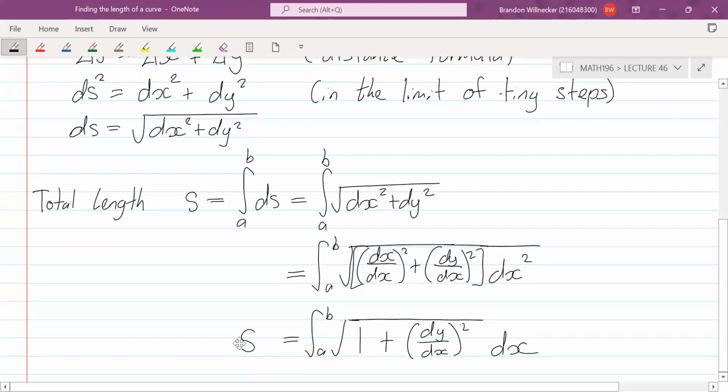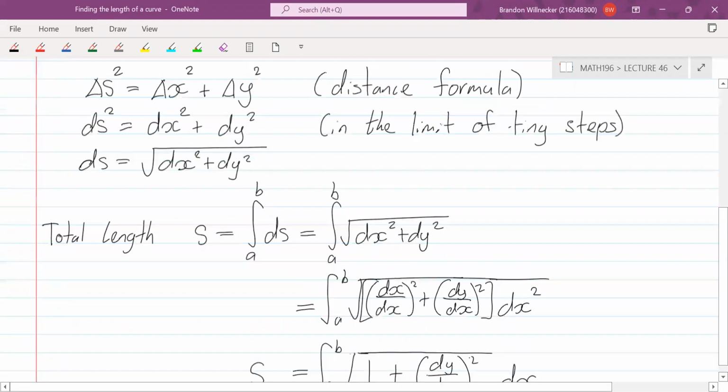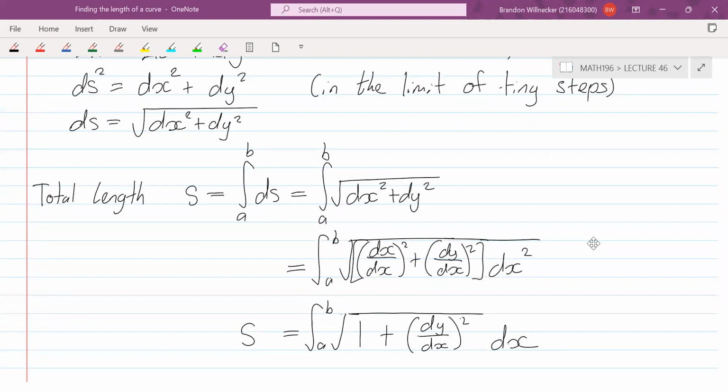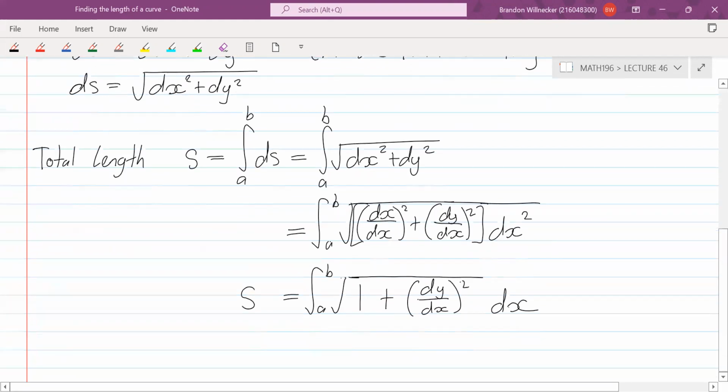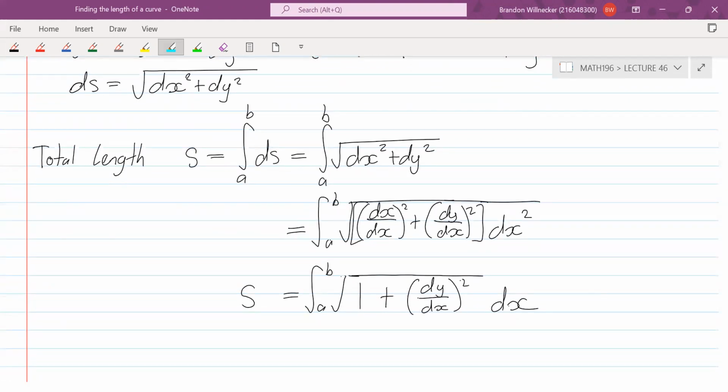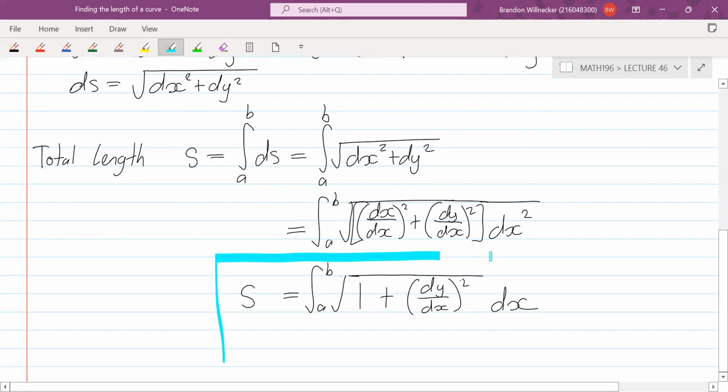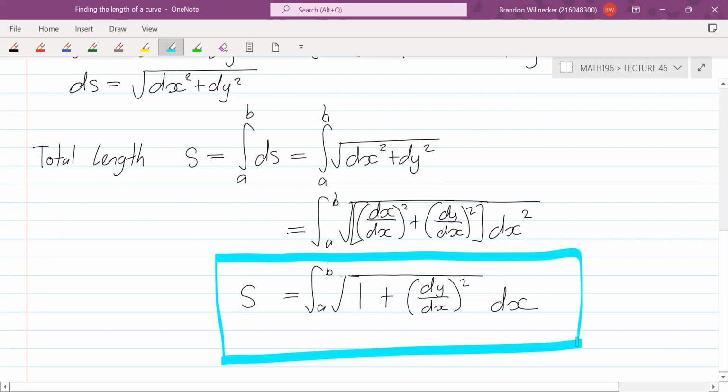So we get our formula to calculate the length of a curve. If the curve is given in terms of y of x, then we can find the derivative, substitute it into this formula, and then after integrating, we get the total length. Yeah, so this is going to be our arc length formula.